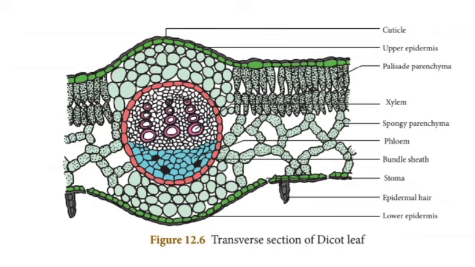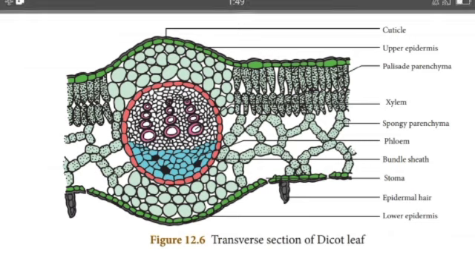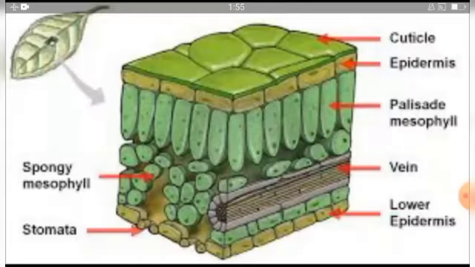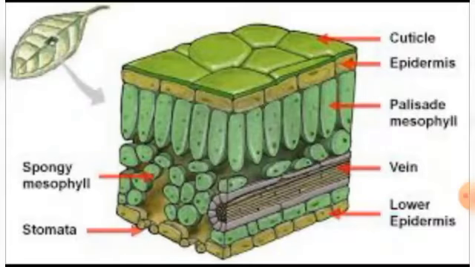Before we go on to see the internal structure of monocot, we may see the transverse section of dicot leaf. That is, before looking at the structure of the monocot leaf, let us see how the dorsiventral leaf looks in transverse sections. This slide shows the transverse section of dicot leaf or dorsiventral leaf in mango.